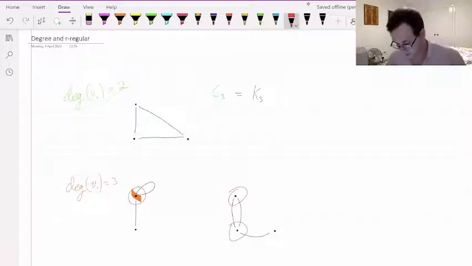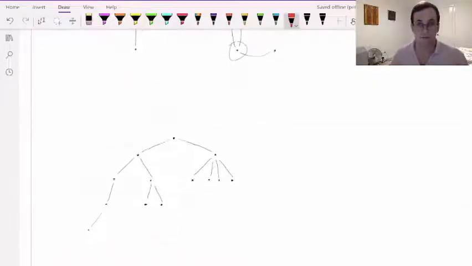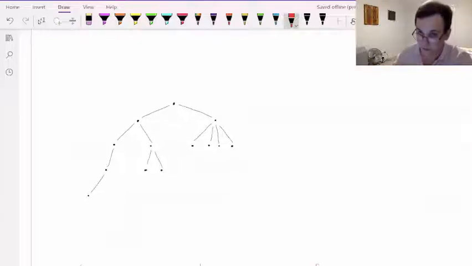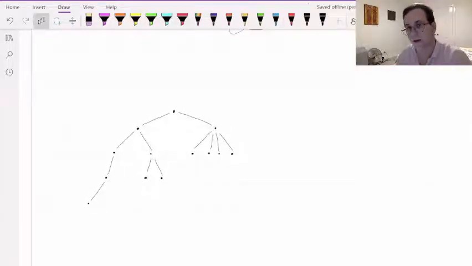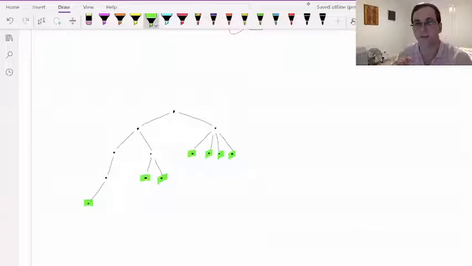Now, let's consider this next one. I have drawn here a tree. This tree has several different edges. Our leaves are here. Leaves are vertices which have one adjacent vertex, which means our leaves have degree 1.